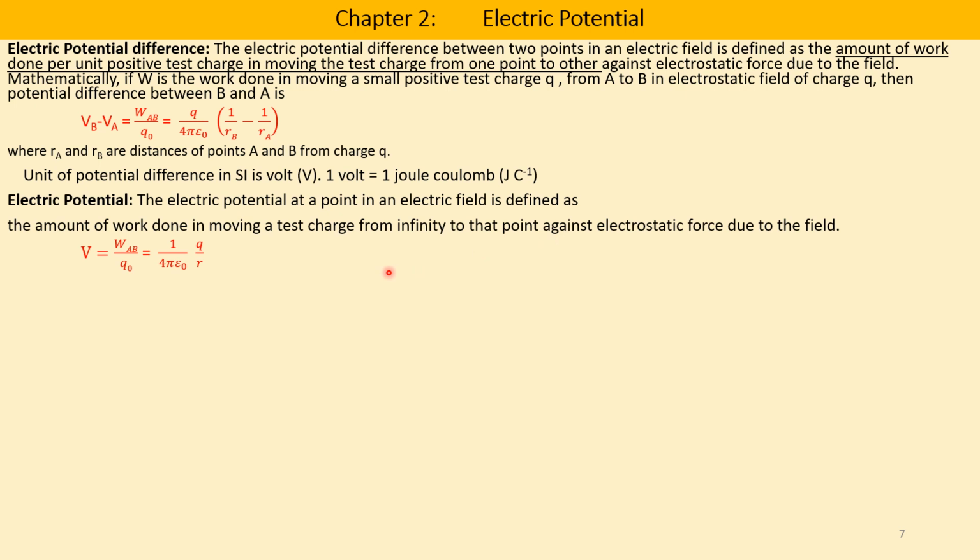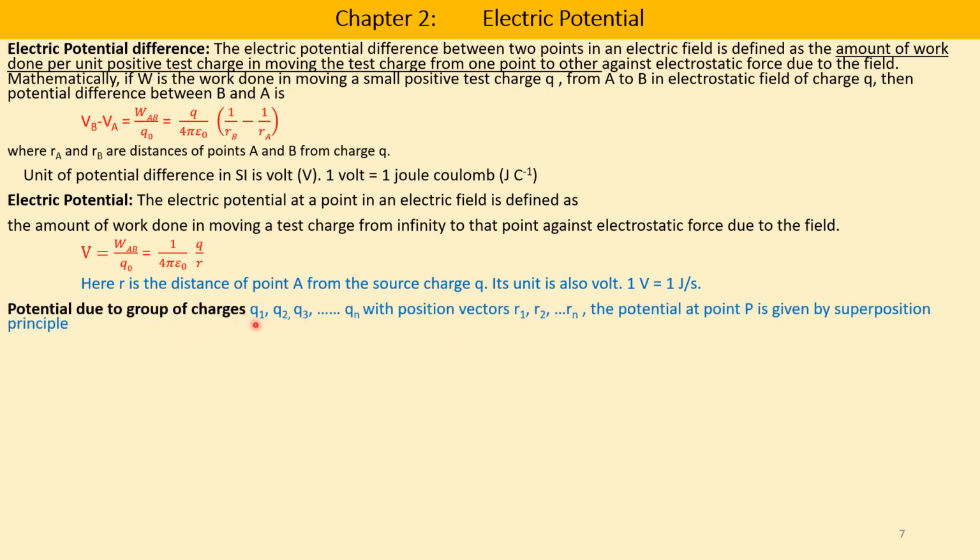So its formula is electric potential V is equal to work done WAB divided by Q naught. Q naught is the positive test charge. That is equal to 1 over 4 pi epsilon naught into Q by R. R is the distance of point A from the charge Q and its unit is volts. 1 volt is equal to 1 joule per coulomb.